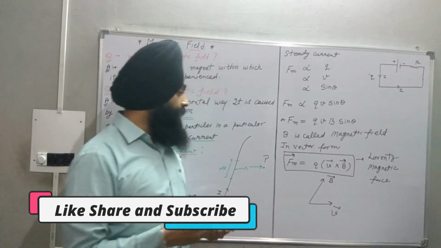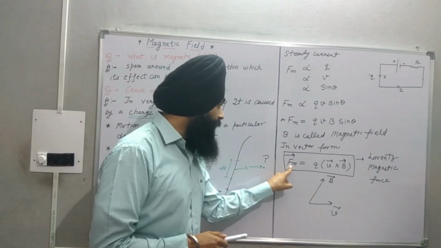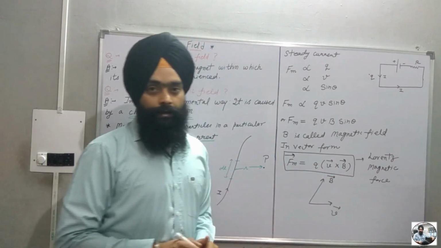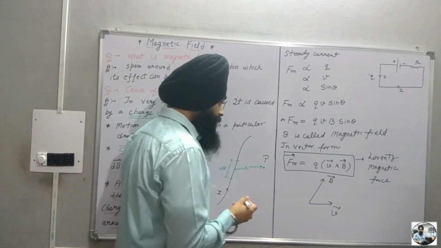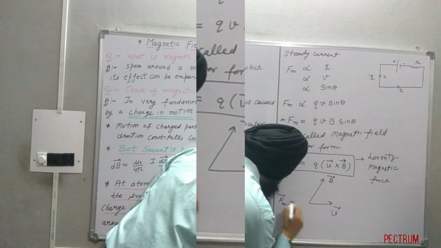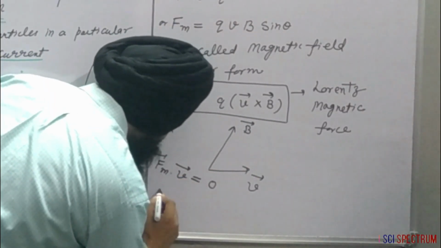Or in simple words, Fm is perpendicular to the velocity vector v as well as perpendicular to the direction of B. If two vectors are perpendicular, then their dot product is always 0.